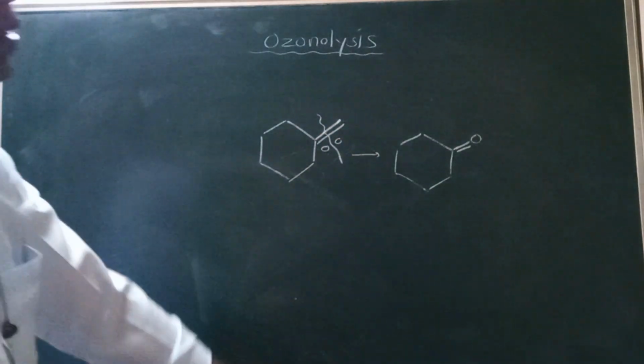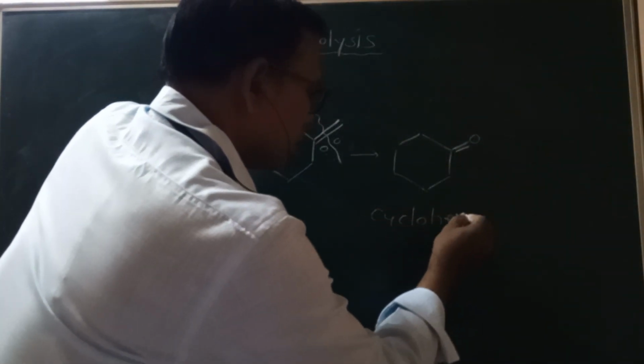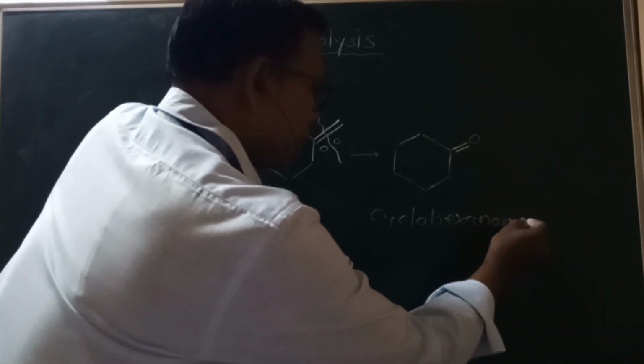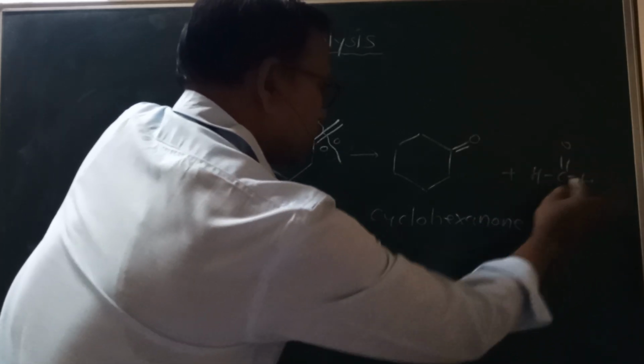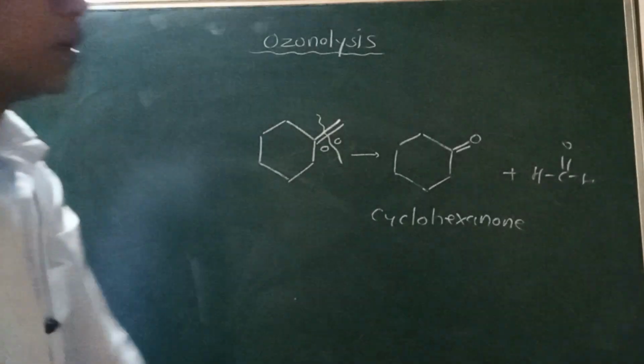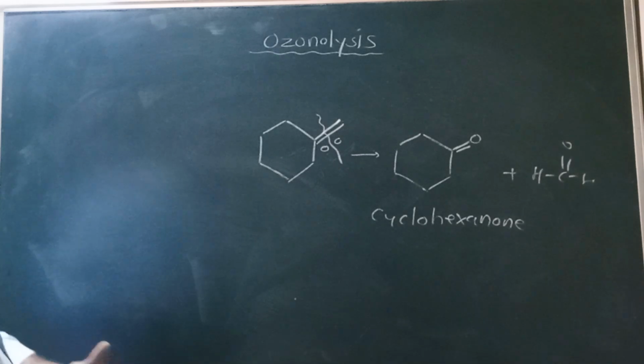So you'll get cyclohexanone, plus you'll get CH2O, that is formaldehyde. You get formaldehyde because our alkene is not symmetrical, so that's why we're getting a mixture of two different carbonyl compounds.